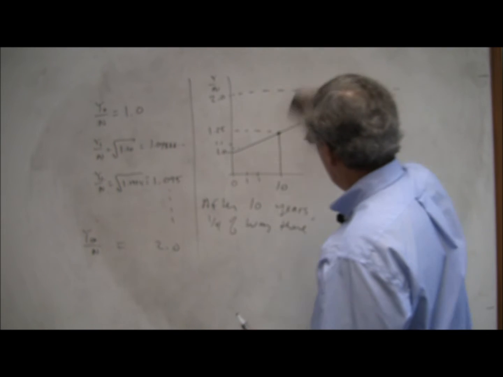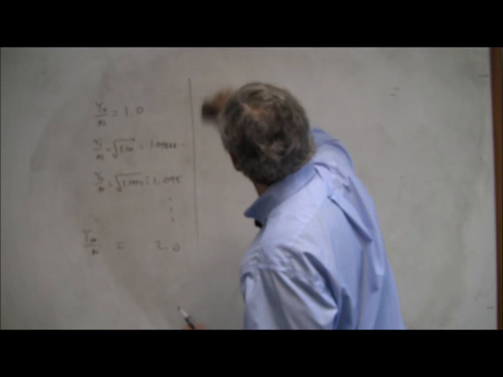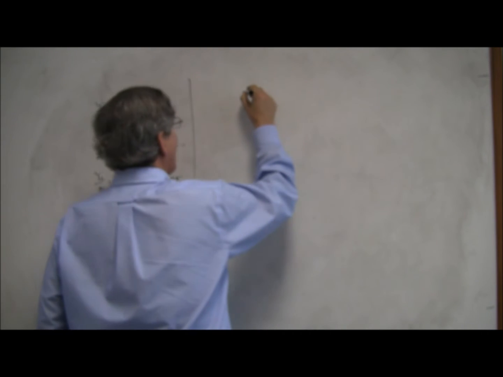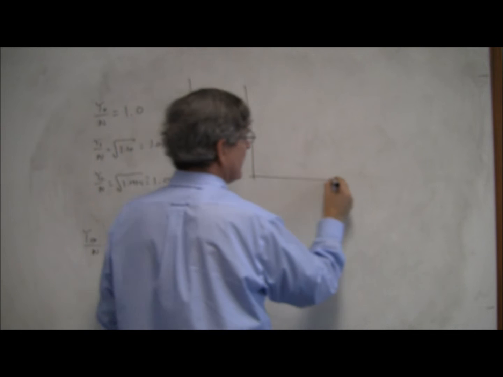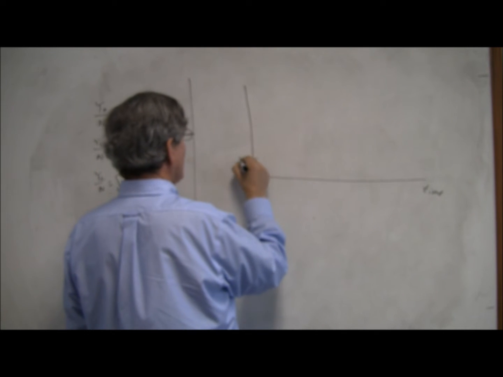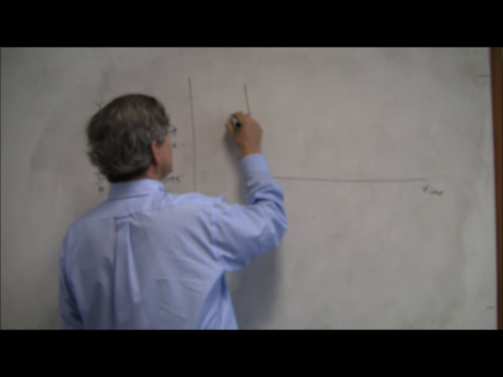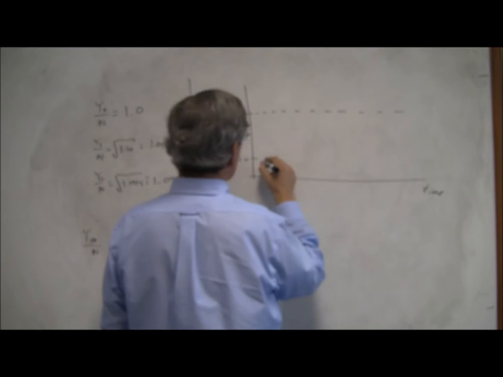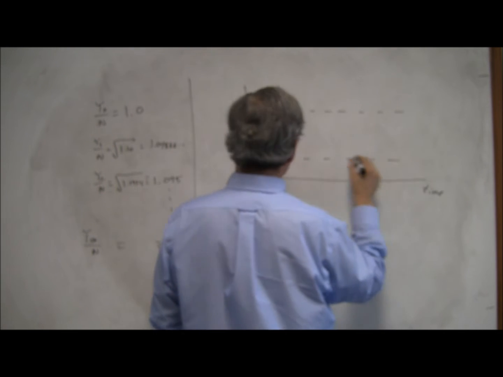Let me redraw this a little more compact, because I want to put another graph underneath it. So again, this is time. Here's 1.0. Here's 2.0. We start at 1, and we're going to end at 2.